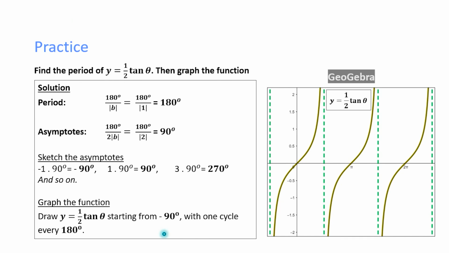We have y equals 1/2 tan theta, starting at minus 90 degrees, starting from the bottom and going up to the top here, passing through (0, 0). The next value or asymptote will be 90 degrees and 270 degrees, and so on.